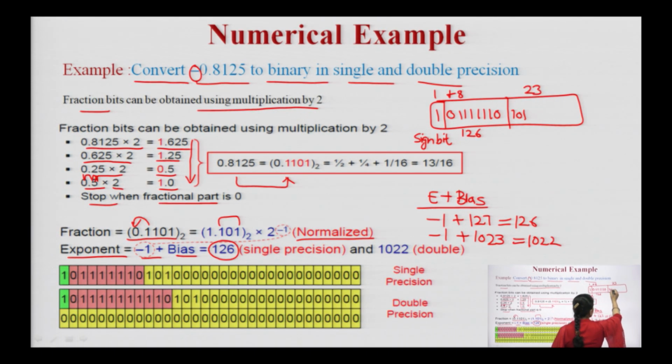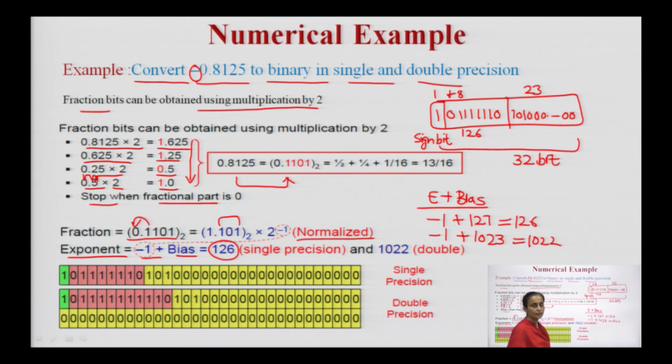So, 3 bits I have written. I will append 20 zeros to this number. So, this will become my single precision 32-bit number. This is how I convert any given number into single precision numbers and into double precision numbers.